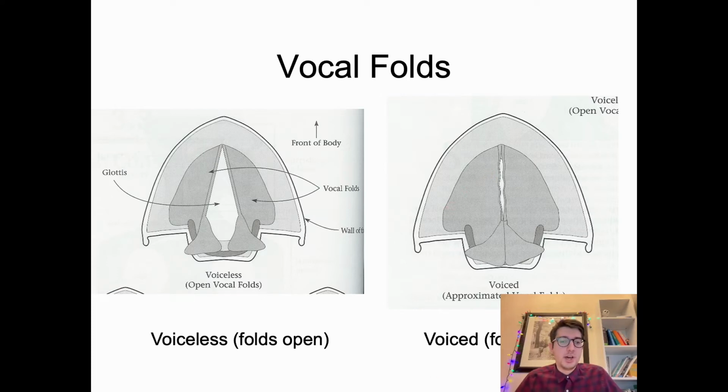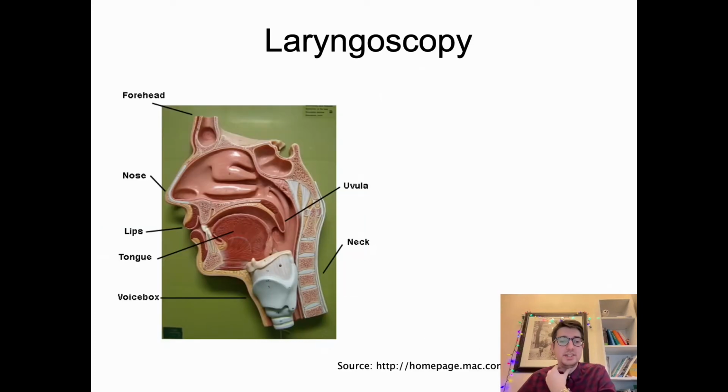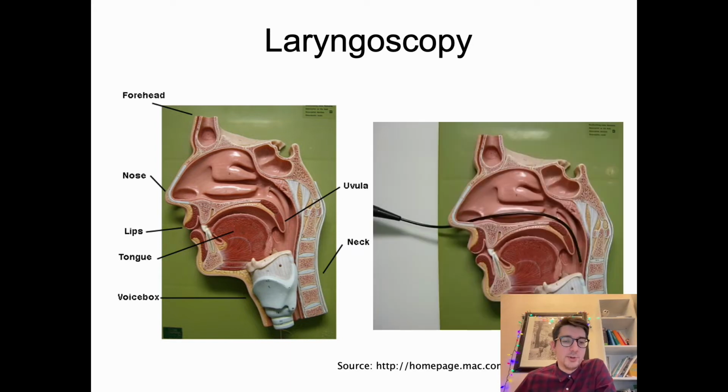All right. Now, so we have vocal folds, and sometimes to investigate the activity of vocal folds, we will do what is called laryngoscopy. Laryngoscopy is a technique, mainly used by physicians, for investigating the state of our vocal folds. Sometimes vocal folds can be in a poor state.